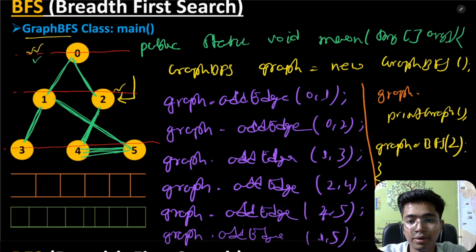Let me set up the VS Code. Okay, first I need to open the VS Code. So now we'll be moving towards the VS Code and we'll be writing the entire program.